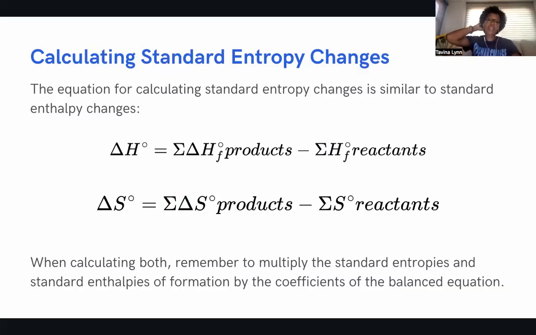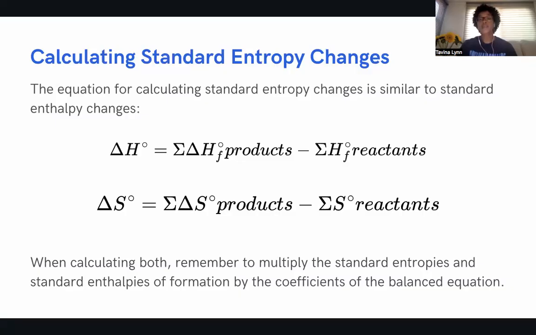An important thing to remember is that you will multiply the standard entropies and standard enthalpies by the coefficients of the balanced equation. This is something we'll be doing in our discussion worksheet. And this is also something you'll see in problems in the book, because all of you are doing practice problems from the book, right?